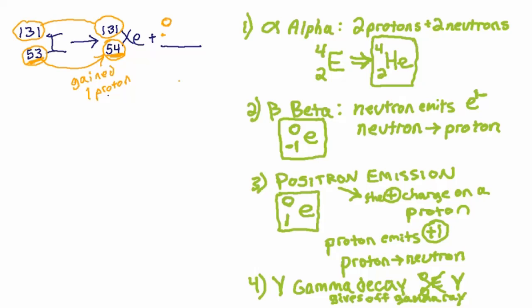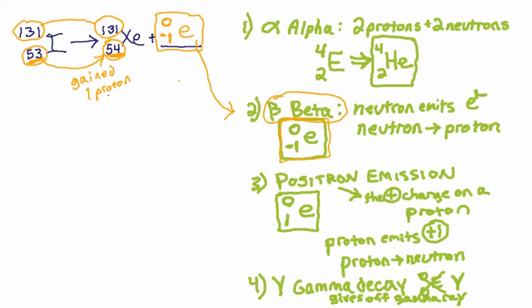That's going to be minus 1 charge. So if we're dealing with charges, we just write a lowercase e right there. And this is going to be beta decay.